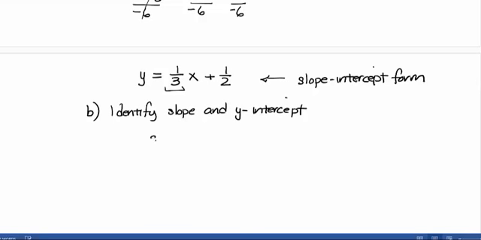So my slope here is 1/3, and my y-intercept is the point where my x is always 0, and it's whatever my b was, which is 1/2.